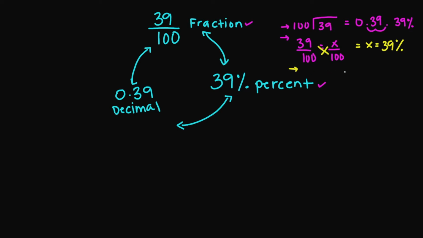Since I have 39 over 100, 100 times what number is going to give me 100? That's going to be 1. That same number I'm going to multiply the top with, that's 1 as well. This is going to be 39. And I'm going to go ahead and take my numerator and turn it into a percentage. And this is going to be 39% is what we have here as well.